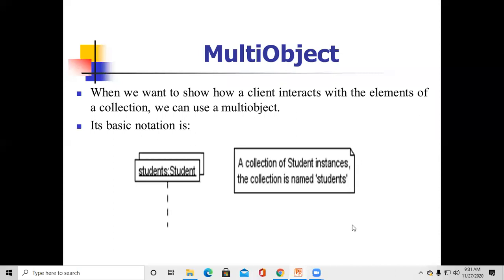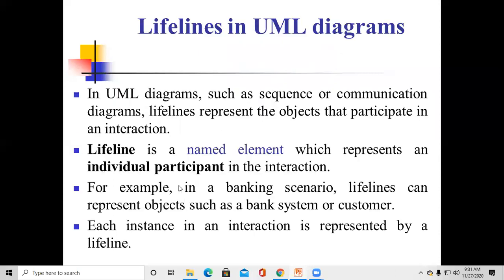This dashed vertical line indicates the lifeline of that object. A lifeline is a named element which represents an individual participant in the interaction. For example, in a banking scenario, lifelines can represent objects such as a bank system or customer, so that each instance in an interaction is represented by a lifeline.